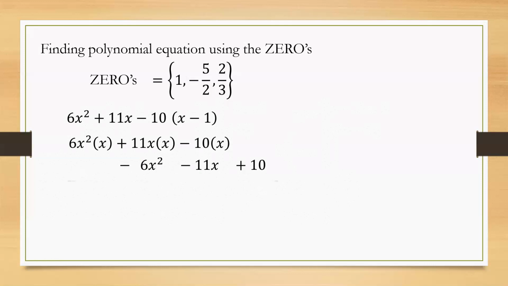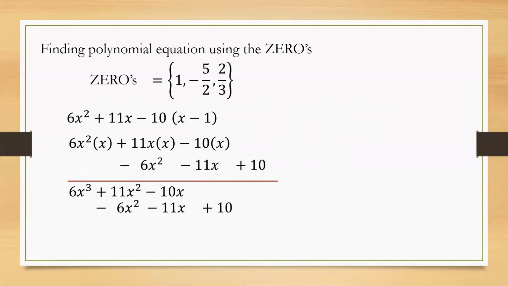So here, I have now 6x cubed, 11x squared, negative 10x, and then minus ko sa negative 6x squared, negative 11x, plus 10. So I have now yung 6x cubed. So this is 5x squared, 11 minus 6 kasi is 5. So negative 10x, negative 11x, since both of them are negative, I just simply copy their common sign and add 10 and 11.